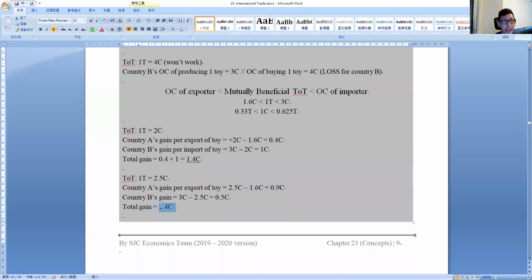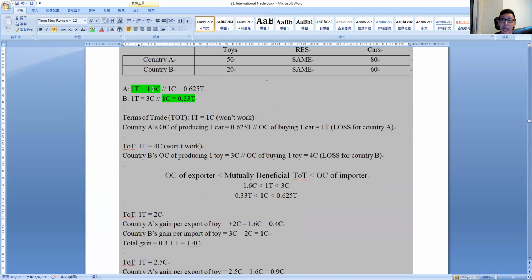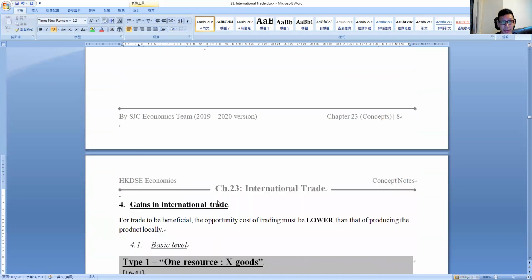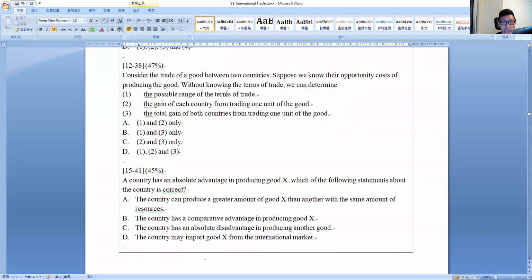So you see, whatever the terms of trade, as long as it is within the mutually beneficial range, you do not need the terms of trade to determine the total gain. In fact, you just need the opportunity cost of the importer and exporter in order to know the total gain. Therefore, the answer to this question would be 1 and 3.